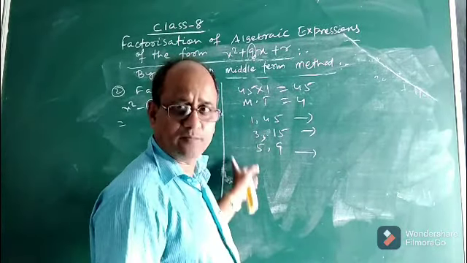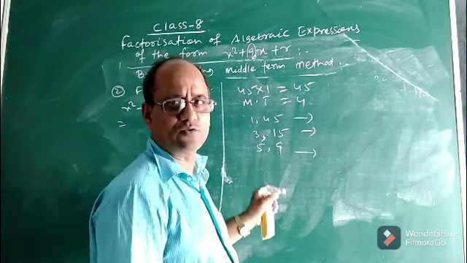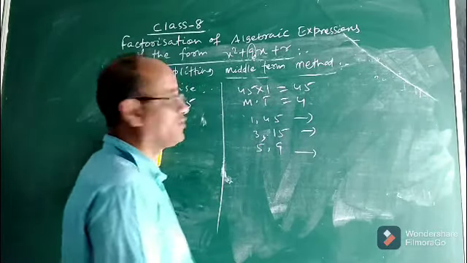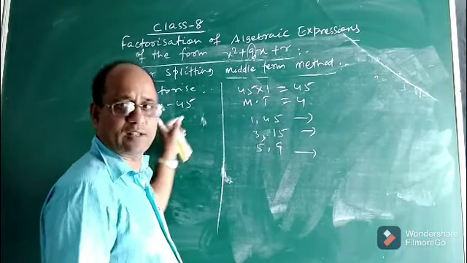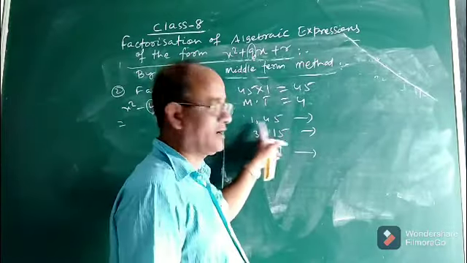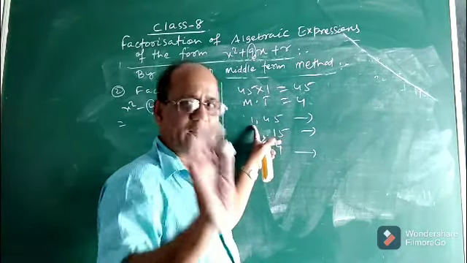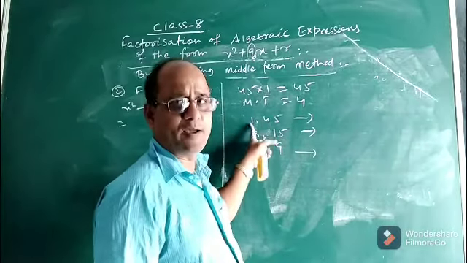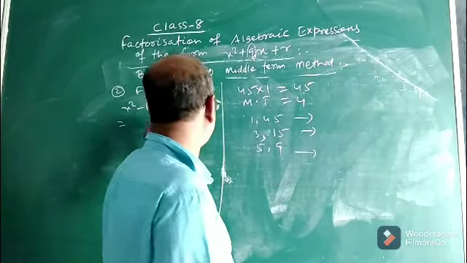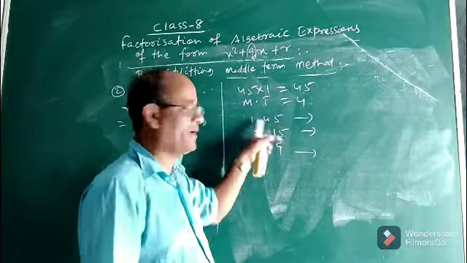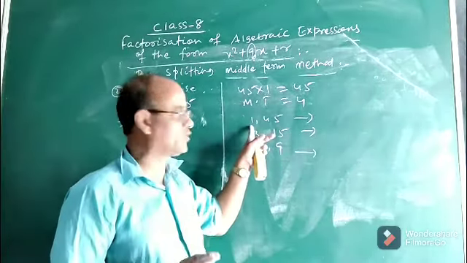Now out of these choices, which one will we take in order to split the middle term, that is 4? That is important. You multiply 45 and 1 and get 45. But 45 plus 1 is not equal to the middle term 4, and 45 minus 1 is also not equal to 4.